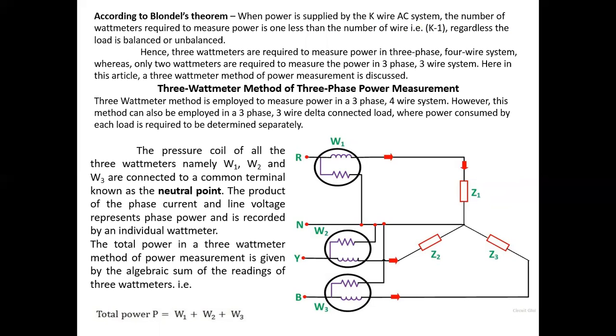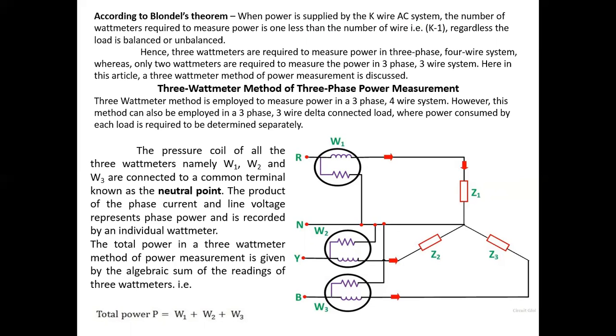The current coils of the wattmeters W1, W2, and W3 are connected in series with the phase, and the pressure coils of all the wattmeters are connected across the phase line and neutral. Suppose the current coil of W1 is connected in phase R, then the pressure coil of W1 is connected between phase R and neutral.